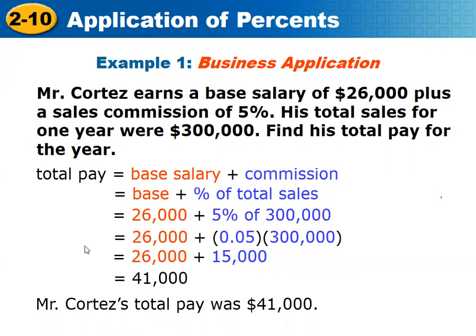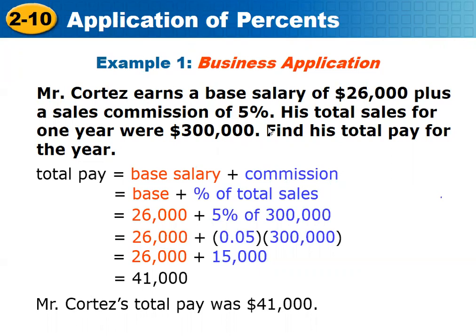Then let me go back again. Think with me. Mr. Cortez earned a base salary. So he has a base salary to work, $26,000, plus a sales commission. He's going to earn a bonus, 5%.